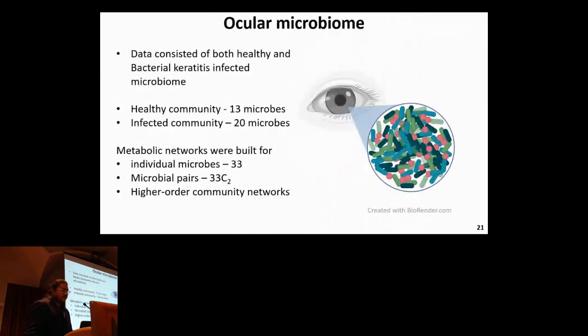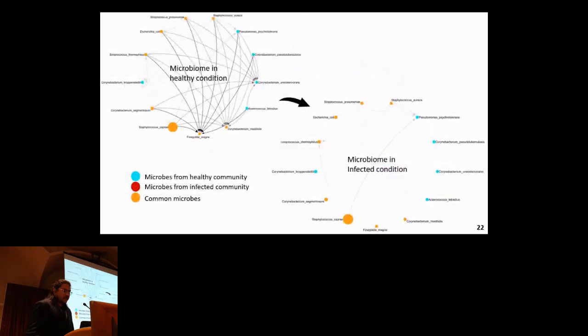Next, let's see something about the ocular microbiome. In this data, we had two different communities: a healthy community and a bacterial keratitis infected community. We wanted to see how these two communities differ and what we can learn about them using our method.